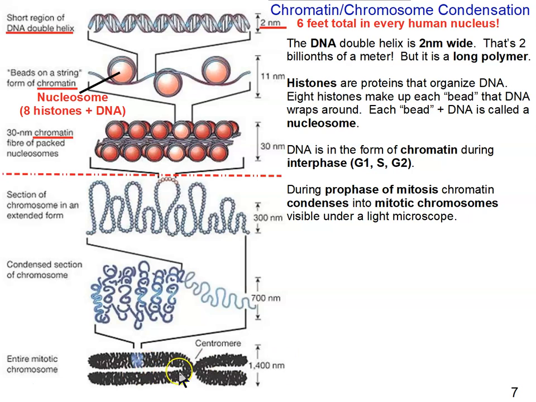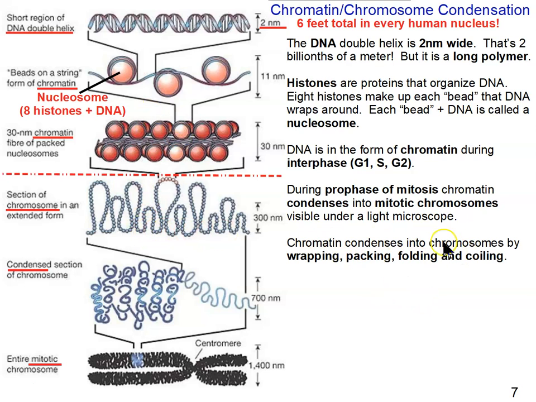So before prophase of mitosis, you can't see chromosomes in a nucleus, but as soon as the cell gets into mitosis and begins nuclear division, that's when the chromatin condenses into chromosomes, and you can see the actual individual chromosomes under the microscope. So chromosome, condensed, mitotic, right? This is a mitotic chromosome that has been condensed from chromatin.